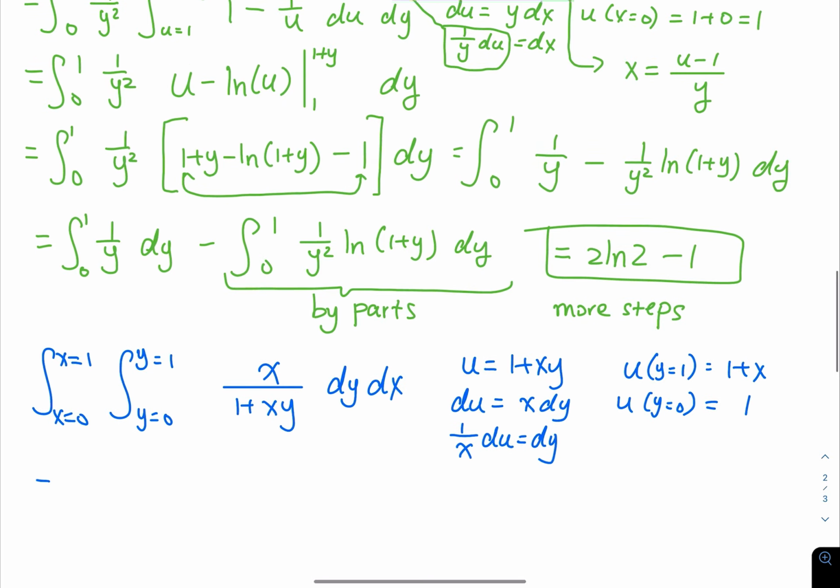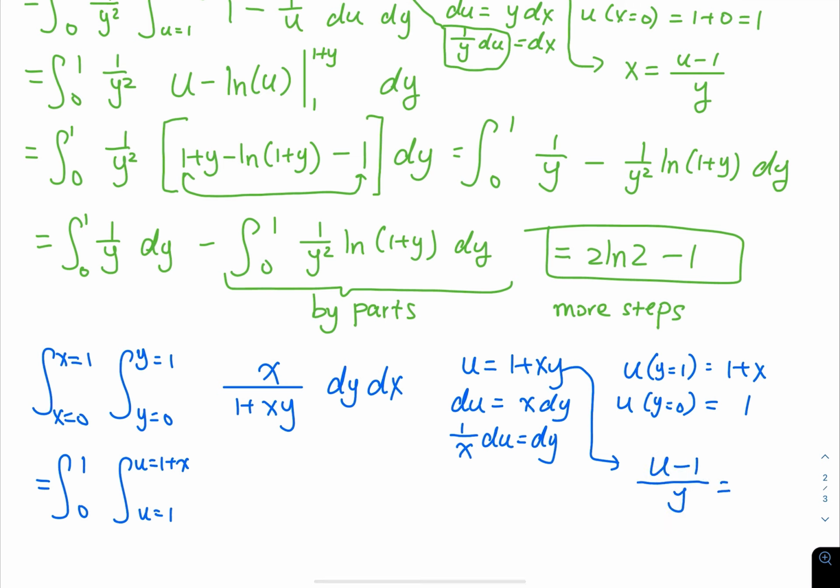Okay, so we have from 0 to 1, this is u from 1 to 1 plus x. And then, oh, the x we have to do some rewrite. So x will be, this should be easier. u minus 1 divided by y equals x. How about that? u minus 1.